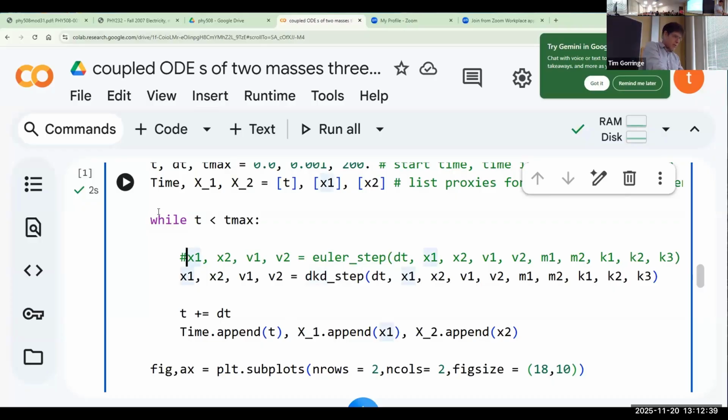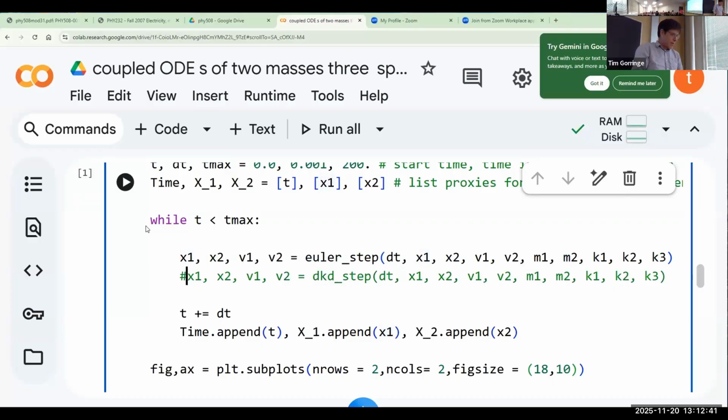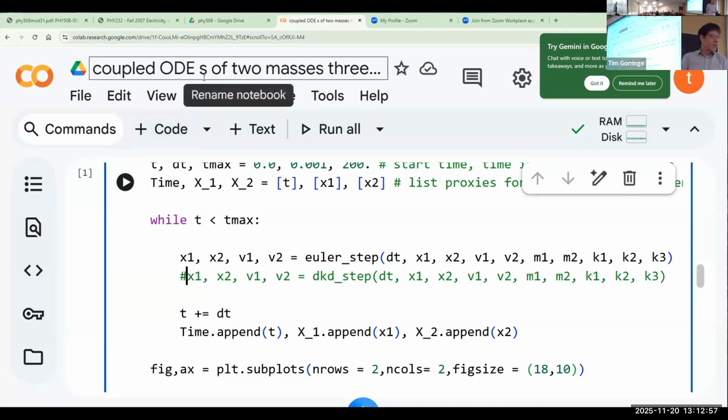As usual, it seems the actual calculation of x1 as a function of time, x2 as a function of time, is a very compact part of the code. It's just, for the Euler method, which I'm going to use here, calling this one function inside this loop, which continually loops, incrementing the time increments until the maximum time.